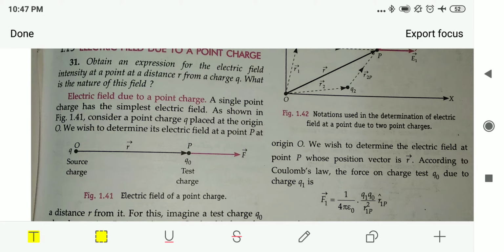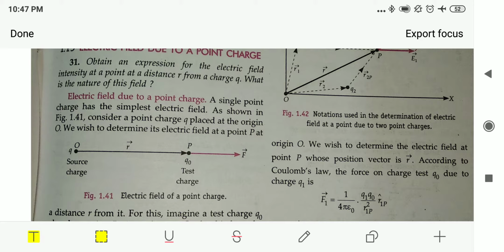We have discussed that every charged particle has a field around itself in which another charge can experience a force, and that field is known as electric field.